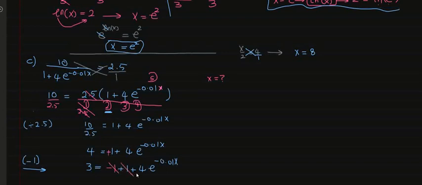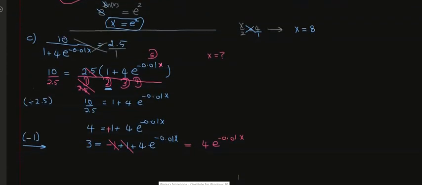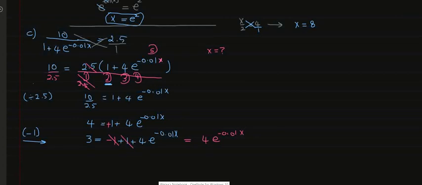Now minus 1 goes with the plus 1 and we will be left with 4 to the power of that power. Now we will do what? The fourth thing we mentioned, we will divide by 4, because here 4 is times that, so we do the opposite that we were used to, and we will have e to the power of negative 0.01x equals 3 over 4, which is 0.75.